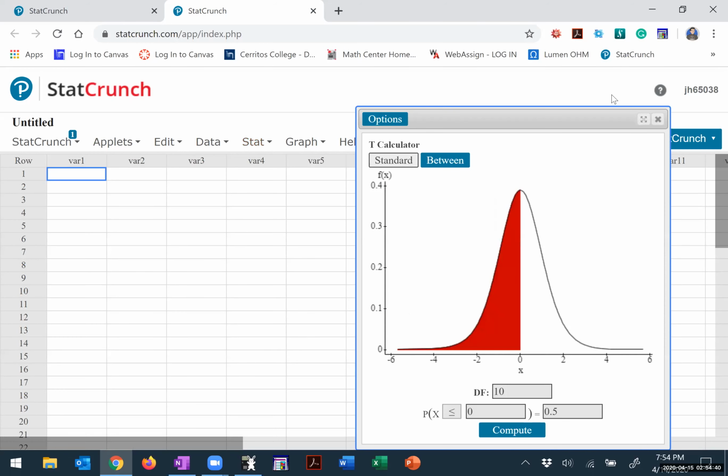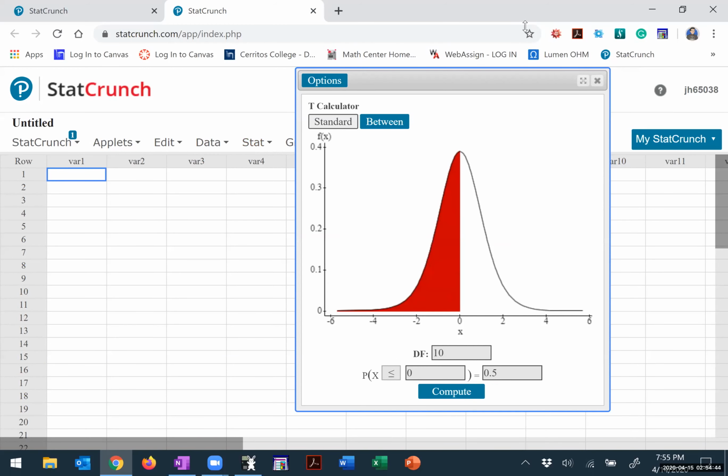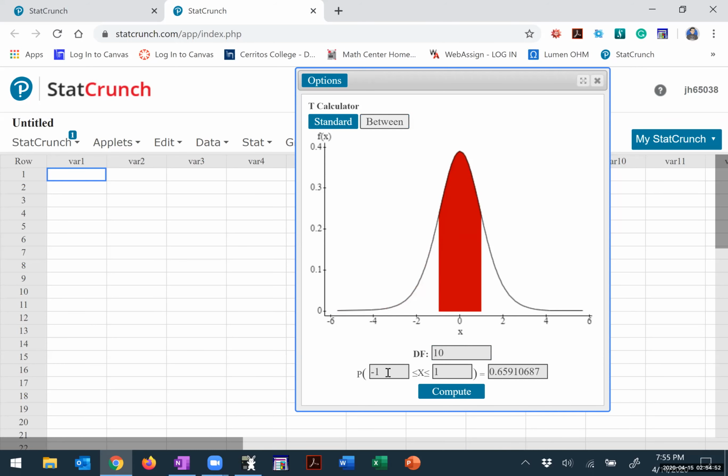Okay, let's see what we got here. They give you the degrees of freedom. Okay, we want between. And we want to know, yes, here we go.